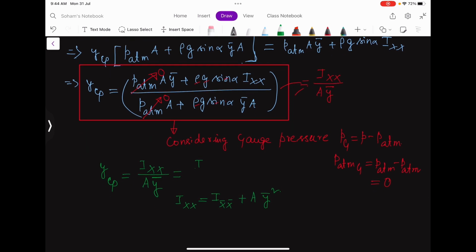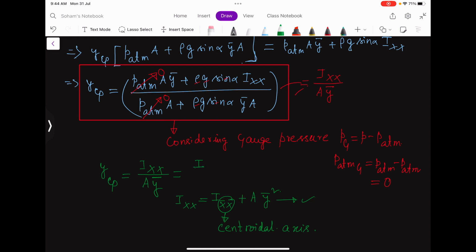So this is the parallel axis theorem. So this Ixx bar is about the centroidal axis. I am not going into the details of this formula because you are supposed to do this in engineering mechanics. If you feel a bit uncomfortable with this formula, just let me know in the comments, then I will go into details.